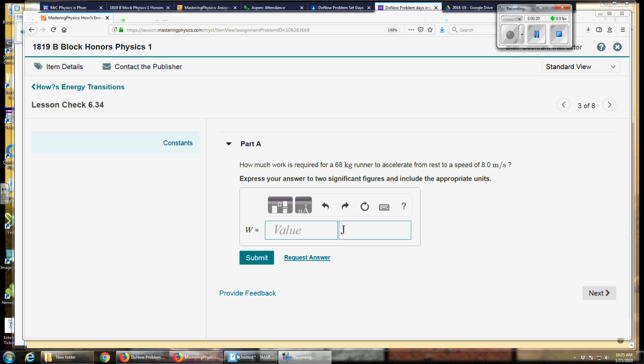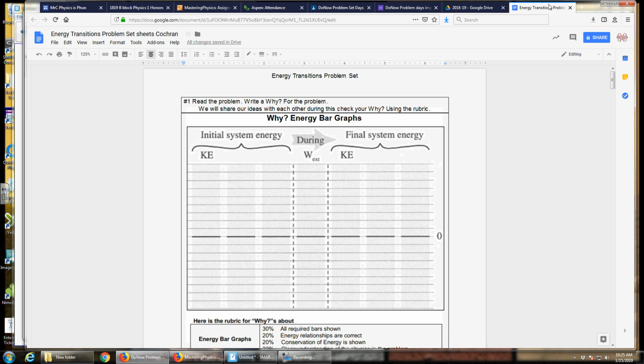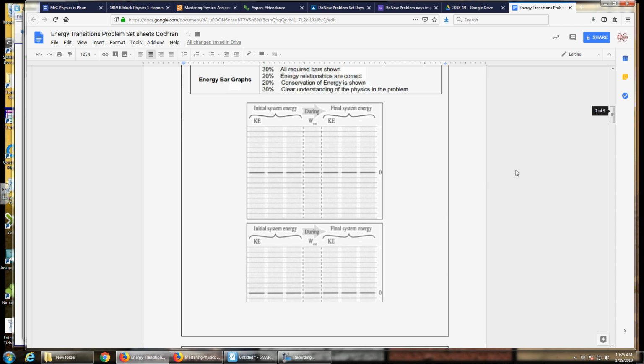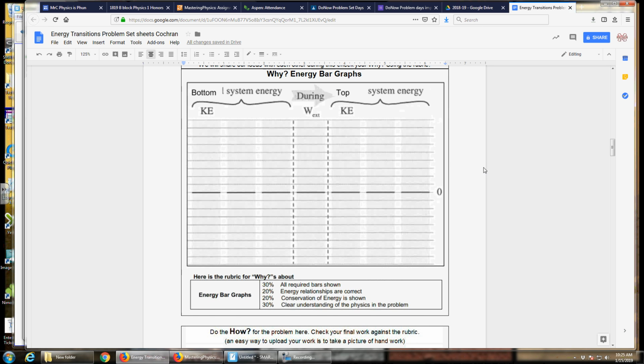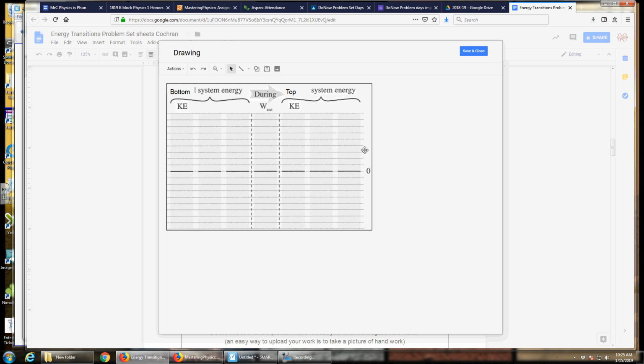So, in my bar graph, number 3. The runner at the beginning, I'm doing it at the beginning. I don't know why it says bottom. We'll get rid of that.